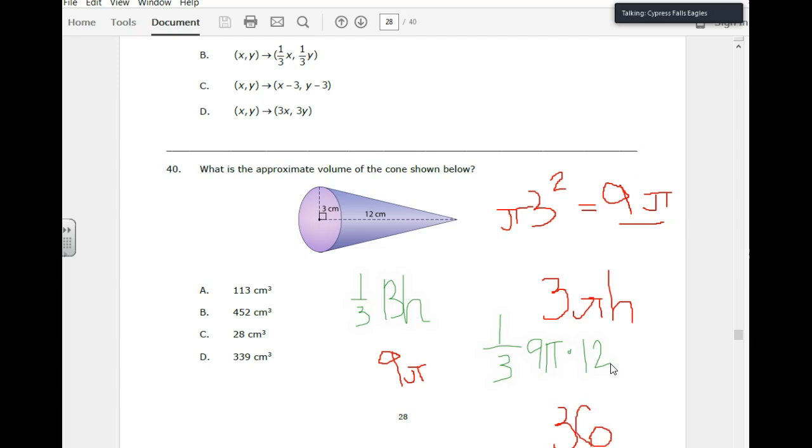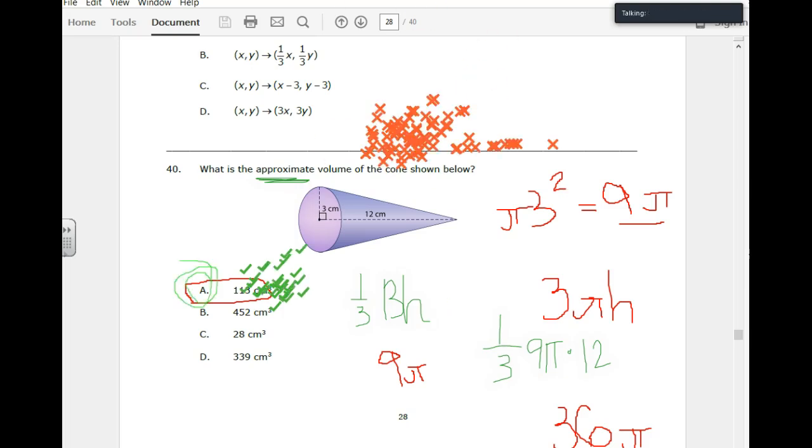No. No, that means they pressed pi. So you get to plug everything into your calculator. 1/3 times the pi button times 9 times 12. You throw it all in there. Because they use the word approximate, that's how we were allowed to push the pi button, and you get 113.097. Very good, 113.